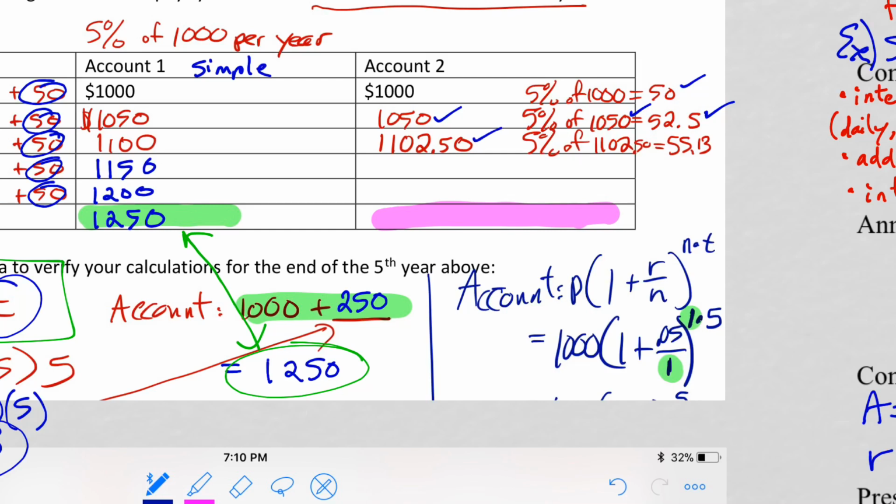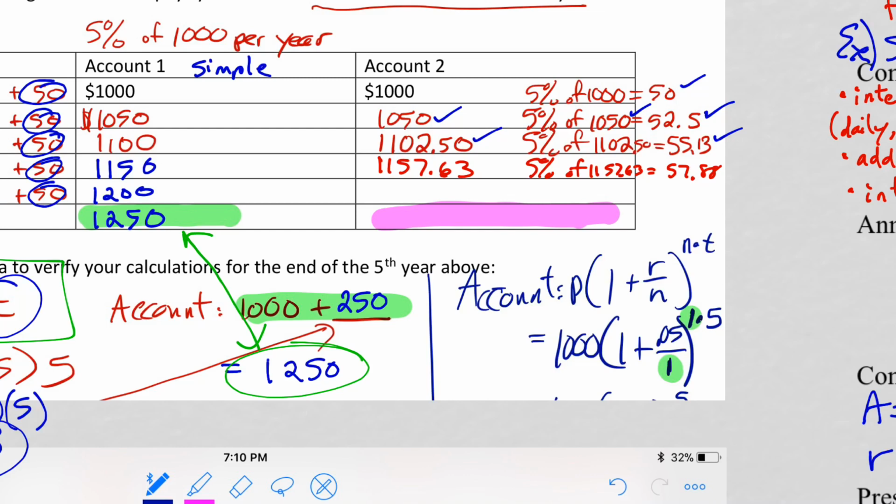My account is growing. Now I'll take 5% of my growth, and you can see my interest is growing as well. So we have $1,157.63. Now we're going to take 5% of that amount, and that's $57.88.